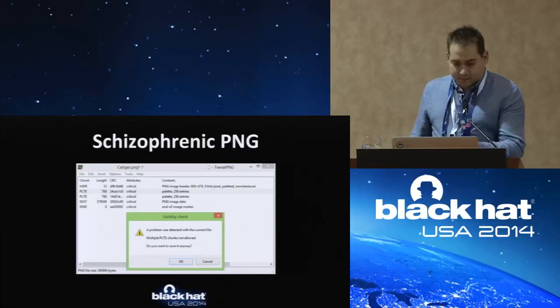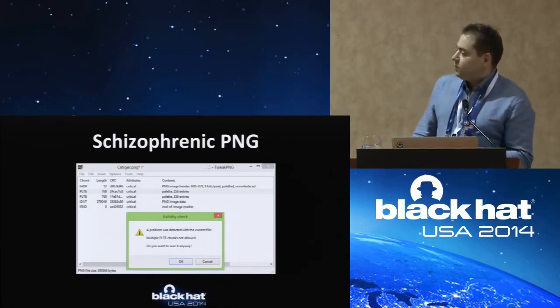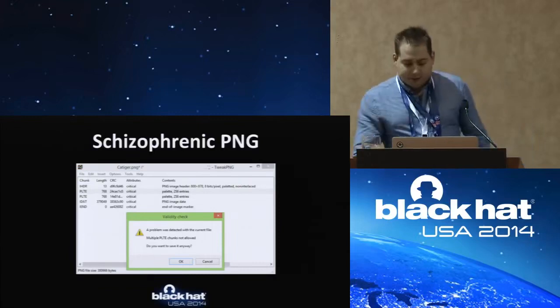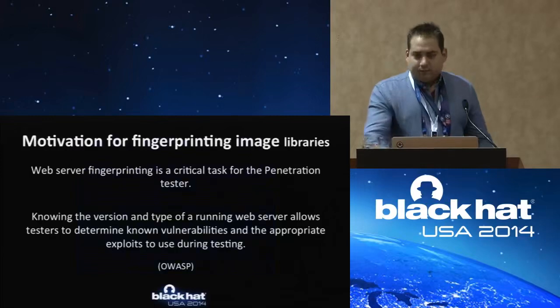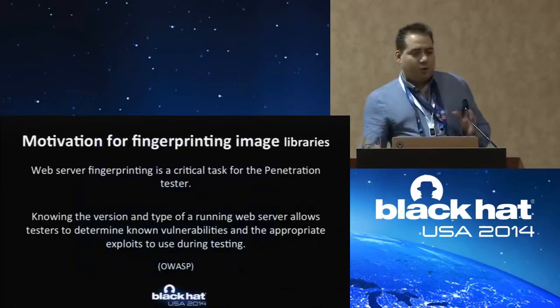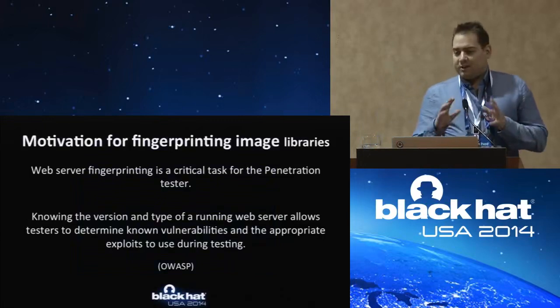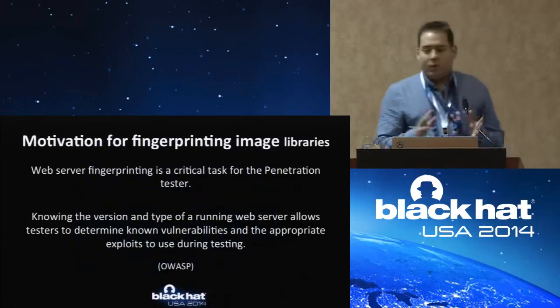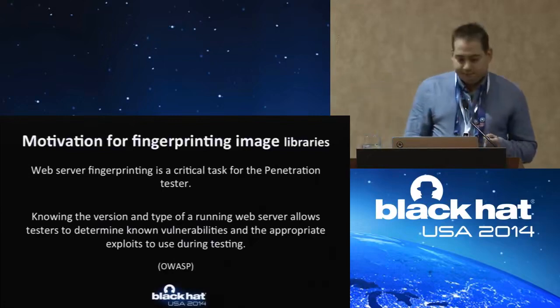And this program here is TweakPNG, which is a very good program if you want to tweak PNG image files. It's very useful. Basically, all my tests are done with this sort of image that tweaks the standard or the specification in some way so that various libraries will interpret them differently.